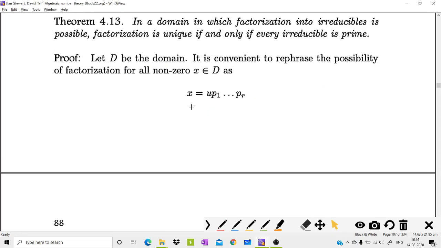In case r equal to 0, we can consider x as a unit u itself; there are no irreducible factors here. So these are the conventions. When r equal to 0, x is a unit. When r is equal to 1, this is u into p1. And when r is equal to 2, this is u into p1 into p2, where p1, p2 are irreducibles.